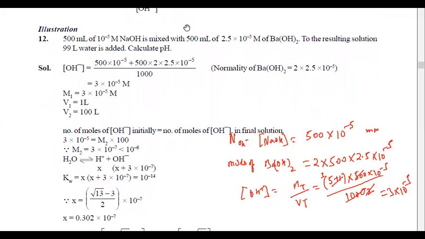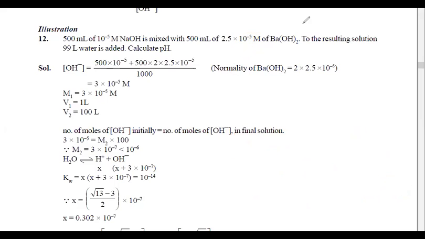But you can take the exact value also because it is almost 10 to the power minus 5. So without considering H plus of water, you will get this as the answer. Understood? Okay.